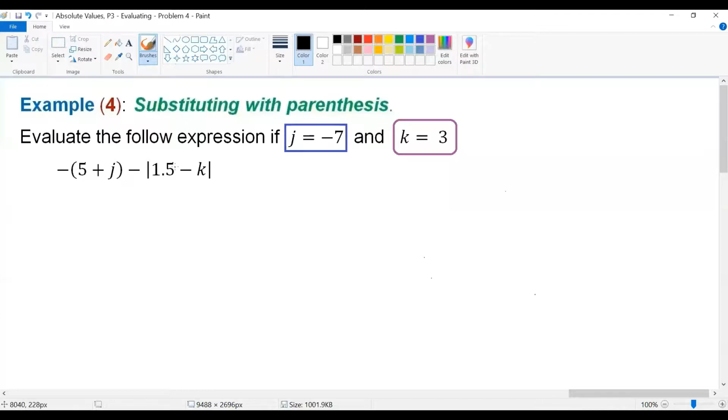So in our fourth problem, we're going to be evaluating with parentheses and absolute values involving negative quantities and positive quantities. So we're going to continue with the same pattern we've been doing in the previous problem. We're going to copy down each component and indicate where we're going to substitute our values as follows.